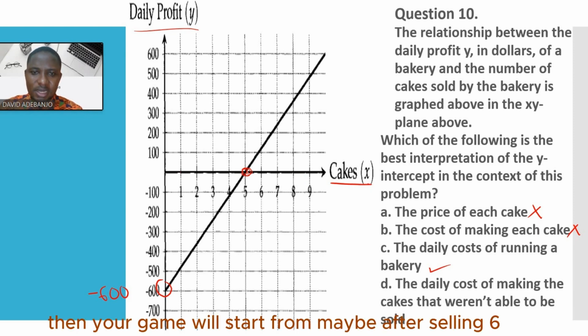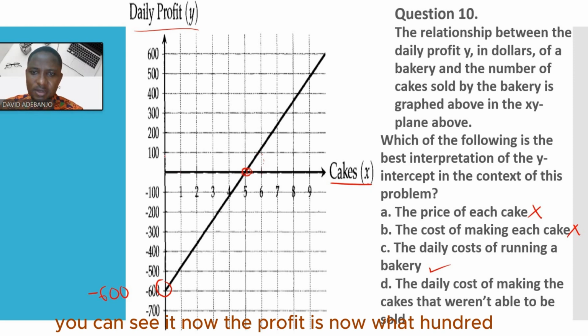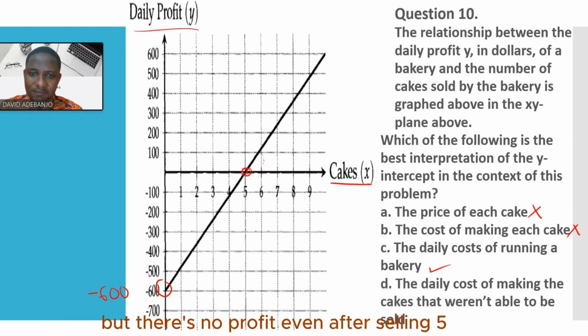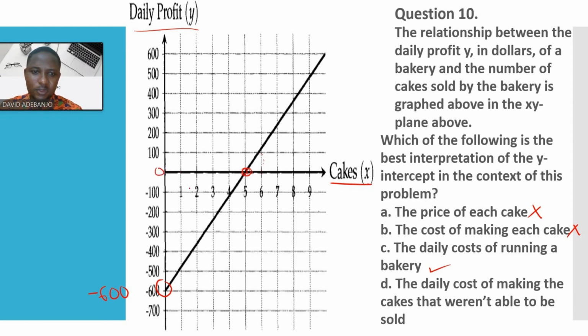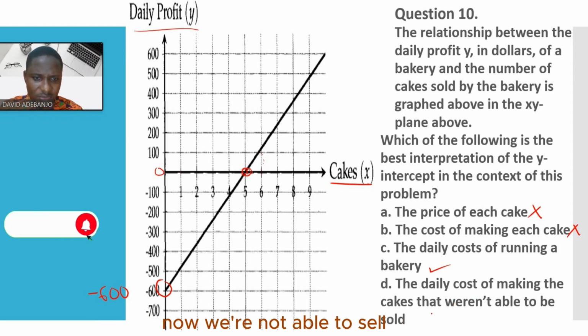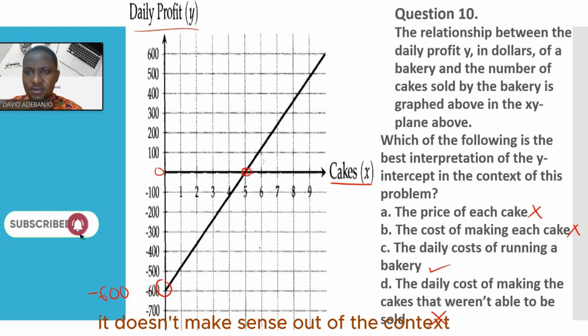Then your gain will start from maybe after selling 6, you can see it now. The profit is now what? 100. But there's no profit even after selling 5. You'll see 0. So D, the daily cost of making the cake, doesn't make sense out of the context.